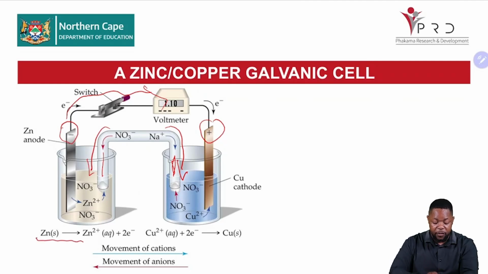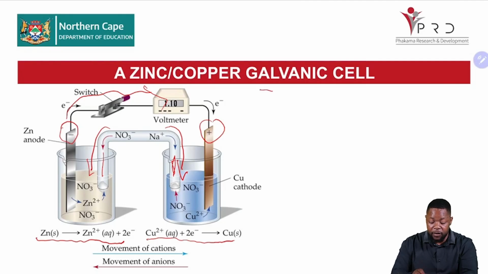So if we look at the half reactions here, the zinc undergoes oxidation. We can see that with the increase in oxidation number, and also that electrons are lost, and the copper undergoes reduction because of the gain of electrons. Now, when you have two half reactions, you can work out the net reaction from them.